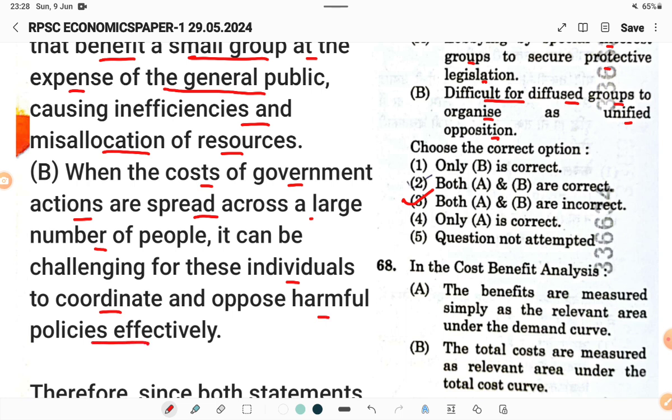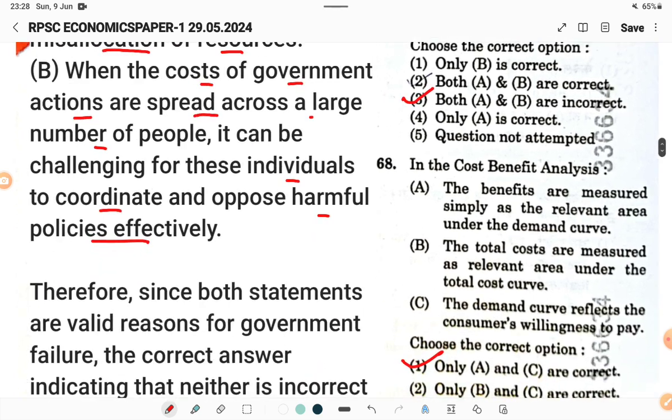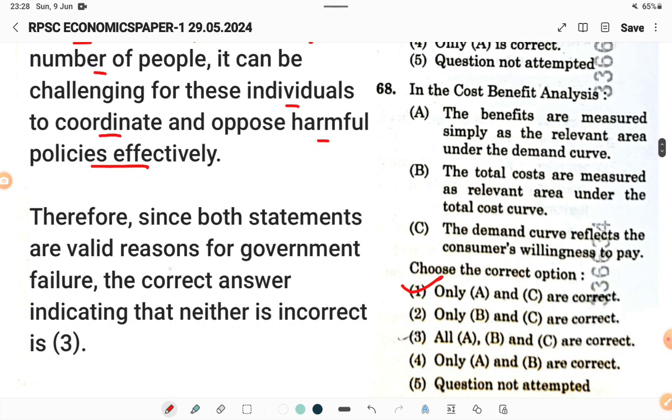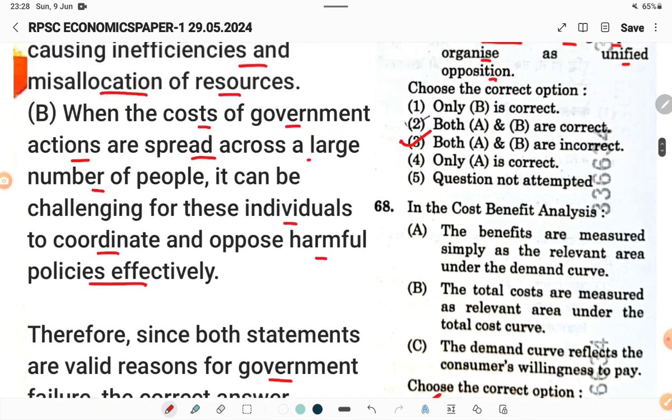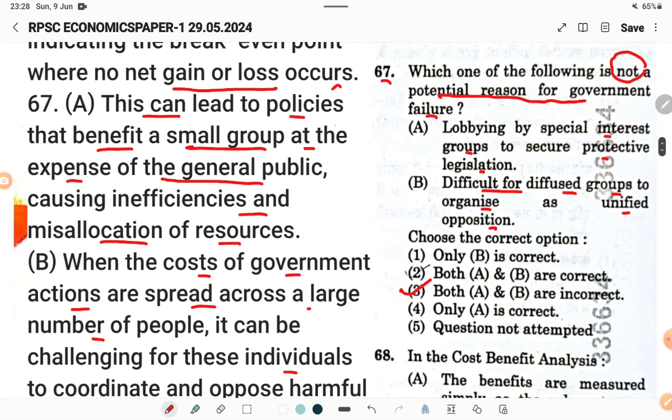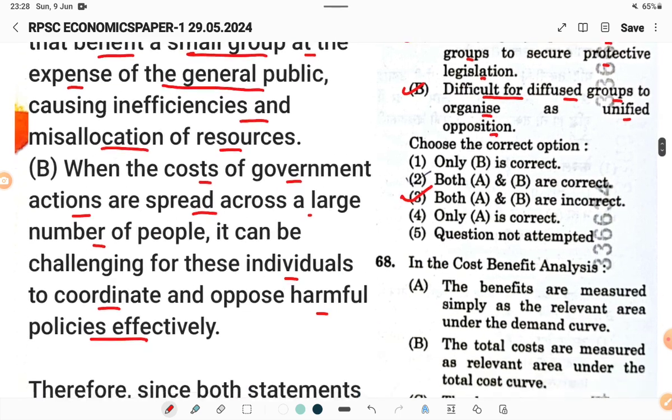So both statements A and B are valid reasons for government failure. Therefore, since the question is asking about the not potential reason, the correct answer will be the third one. So the third one will be the right answer here.